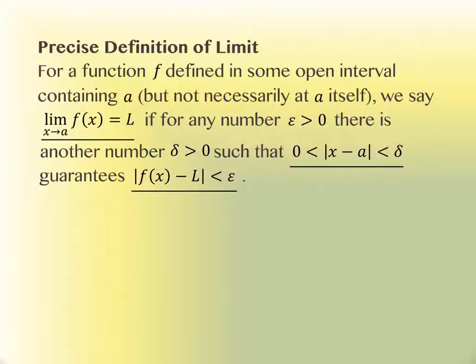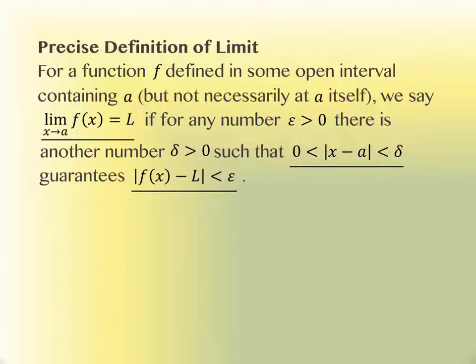So here's the deal. For a function f defined on some open interval containing a, but not necessarily at a itself, we say that the limit as x approaches a of f of x equals L if for any epsilon greater than 0, that means any distance around the limit value, there is another number delta greater than 0, that means the distance around the x value, such that if you're really close on the x-axis, you're going to be really close on the y-axis.